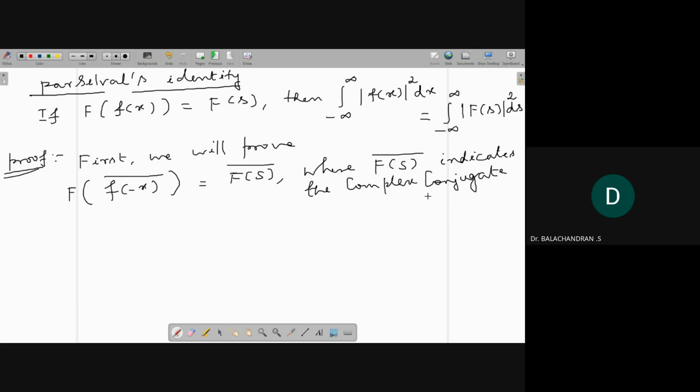Complex conjugate of a function of s. Okay. So now I'll start the proof like this.